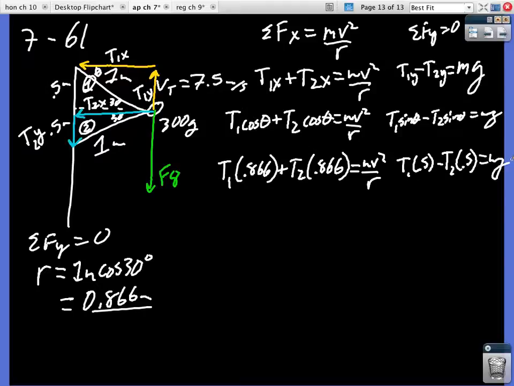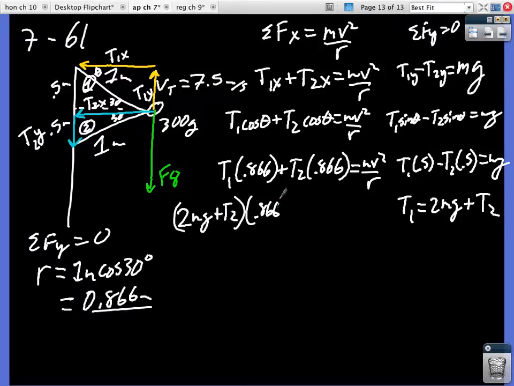Then multiply everything by 2, and you get T1 is equal to 2mg plus T2. So now I can substitute it in: 2mg plus T2 times 0.866 plus T2 times 0.866 equals mv squared over r. And now just do all the algebra.